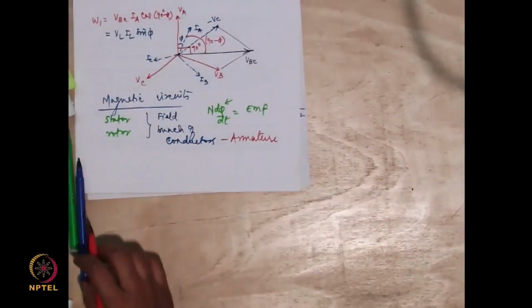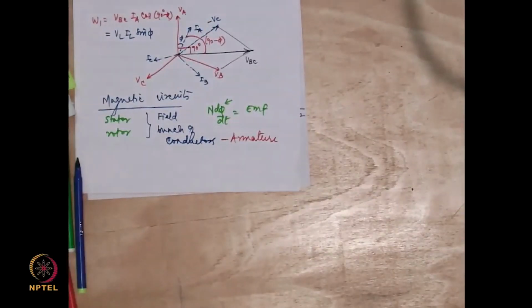Right? I can have the stator housing the field and rotor housing the armature. Or I can have it the other way round also. I can have stator housing the armature and rotor housing the field. Either way is possible. Invariably, depending upon the convenience of the design, we do it one way or the other. But either way it will work.